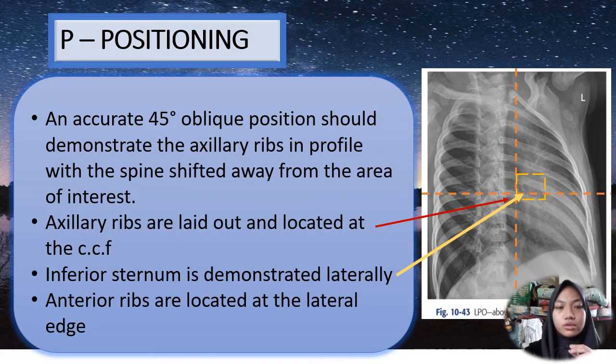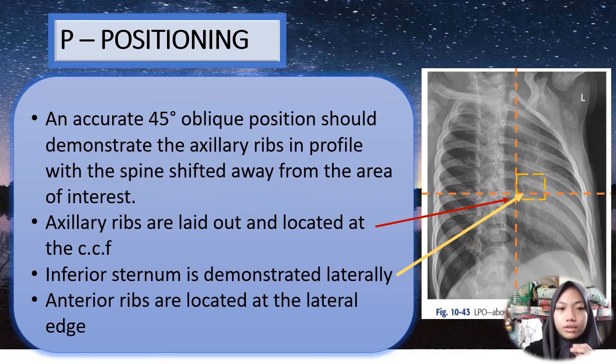P for positioning, we can know that the position is LPO or not by, first, an accurate 45-degree oblique position should demonstrate the axillary rib in profile with the spine shifted away from the area of interest.